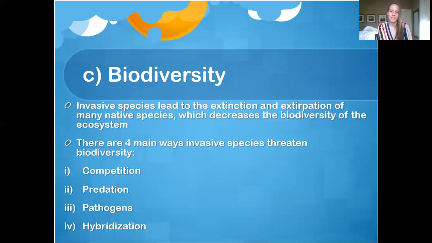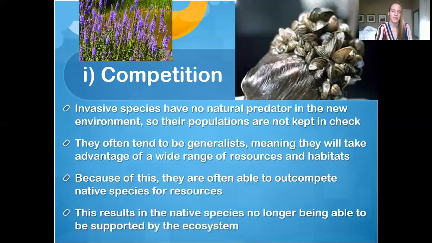There are four main ways that invasive species can decrease biodiversity: through competition, predation, pathogens, and hybridization. So competition is one that we talk about a lot. Again, the fact that invasive species populations can grow much more so than native species populations because they don't have any predators. And the fact that they tend to be generalists tends to mean that they can spread out over an ecosystem really, really quickly.